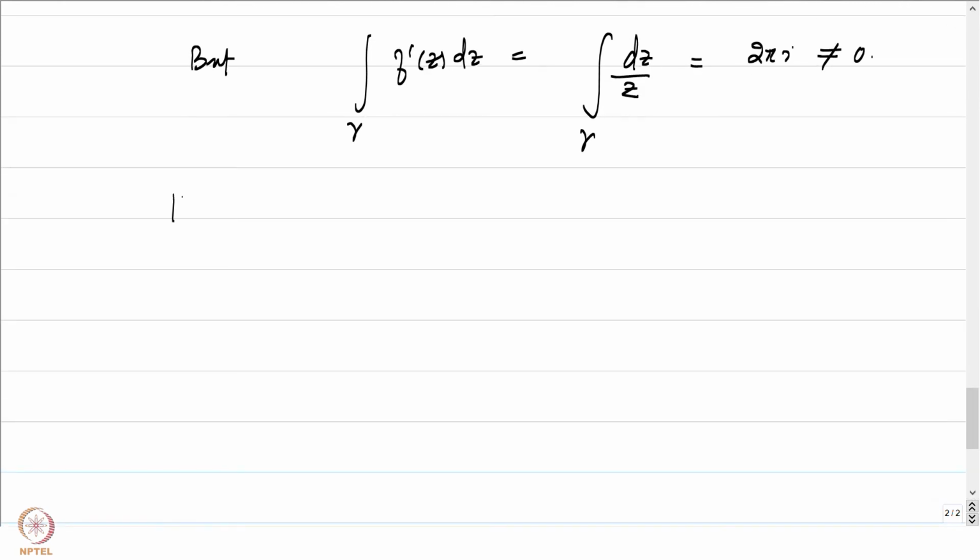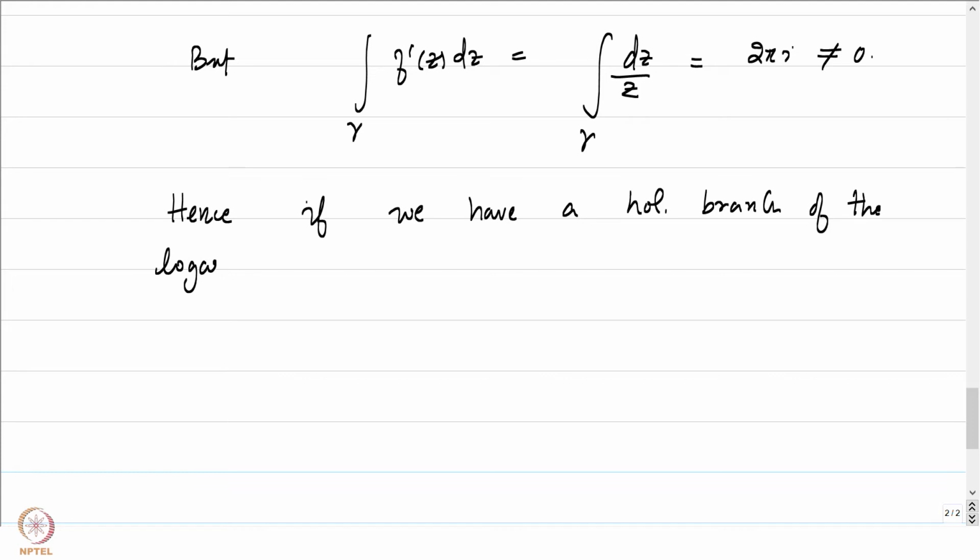So hence, if we have a holomorphic branch of the logarithm on C star, then we have a contradiction.